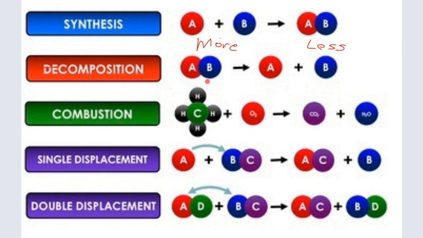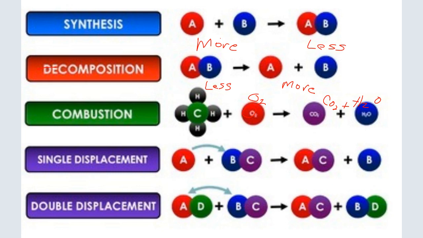We have less on the reactant side and more on the product side. Combustion, a hydrocarbon, a carbon with hydrogens, with oxygen. This is an oxygen. Gives us CO2 plus water.